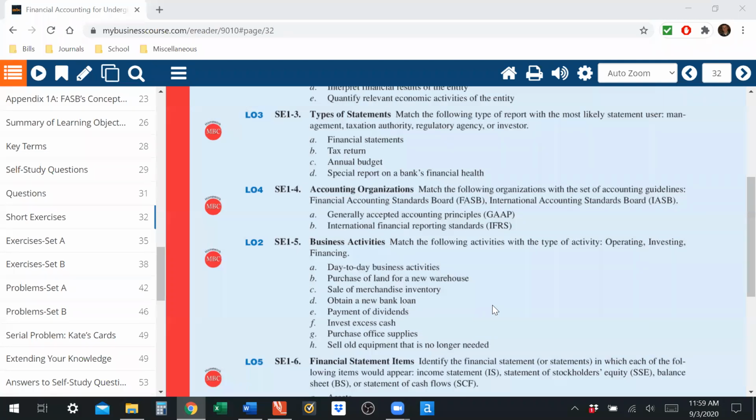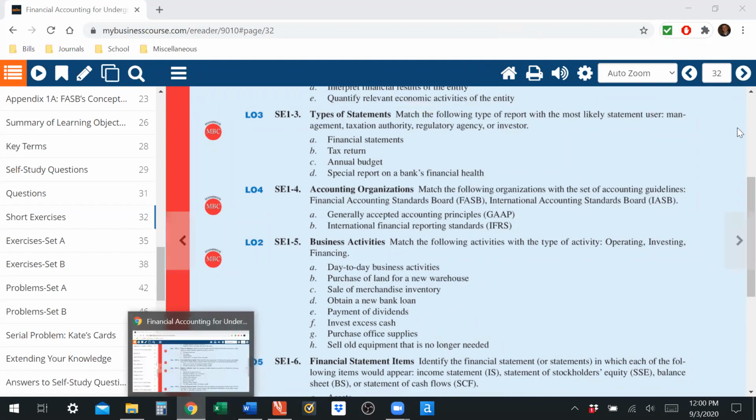Any short-term asset, any day-to-day expenses are operating, and this is one of those. So it's not financing, obviously, and it's not investing because we're not purchasing or selling a long-term asset. So it has to be operating. Does that help a little bit? You're welcome.